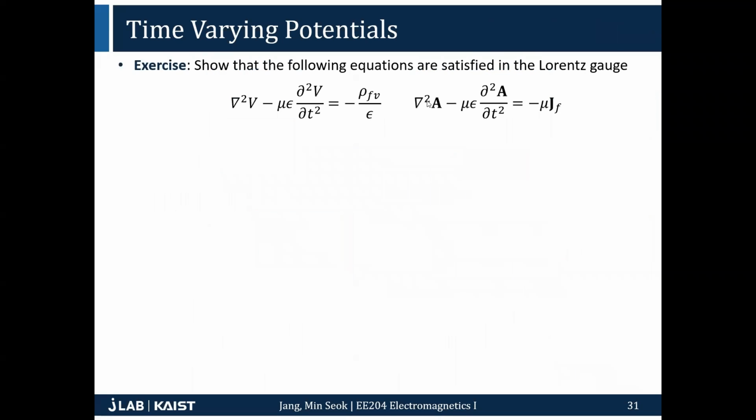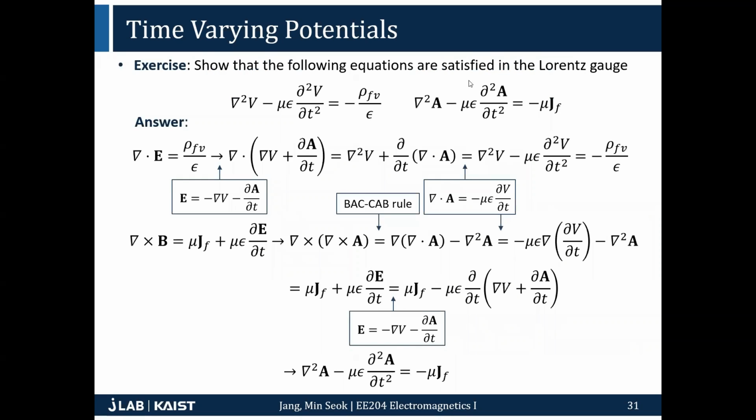So this is just the proof of it. If you assume the Lorentz gauge, then these two equations hold. I don't want to explain this in detail, so you can just check the lecture note. This is just easy arithmetic manipulation. You can easily check. Okay, so this is it for Maxwell's equations.